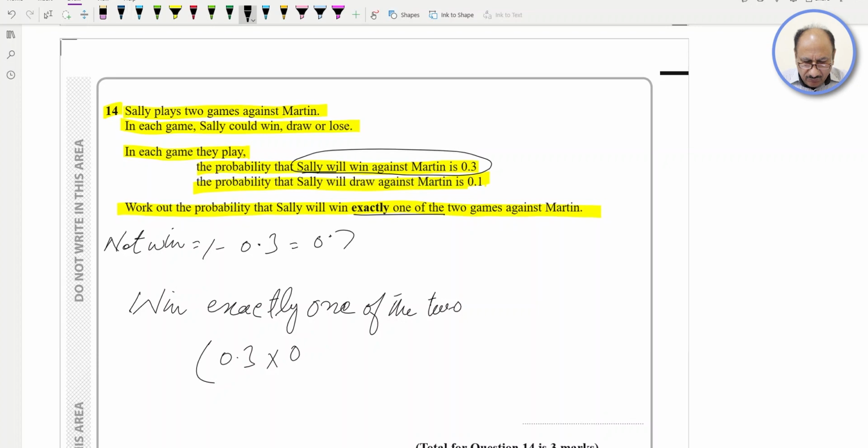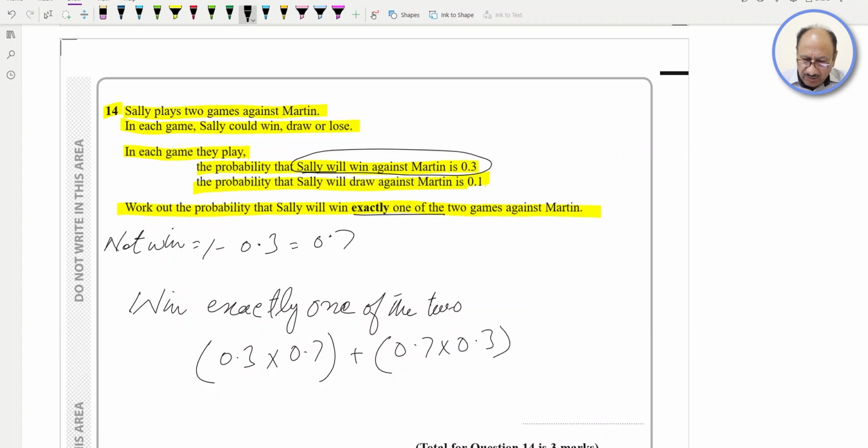So second lost will be this one, not win. So it can be first win, second lost, or it can be first lost and second win. So in that scenario, it will be this situation.